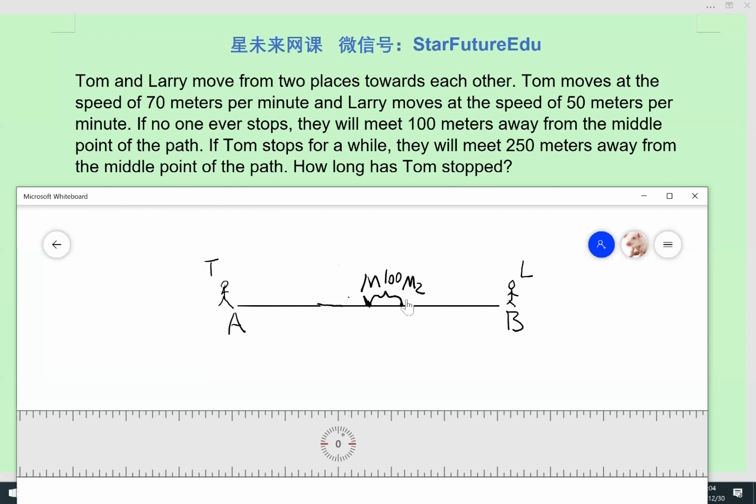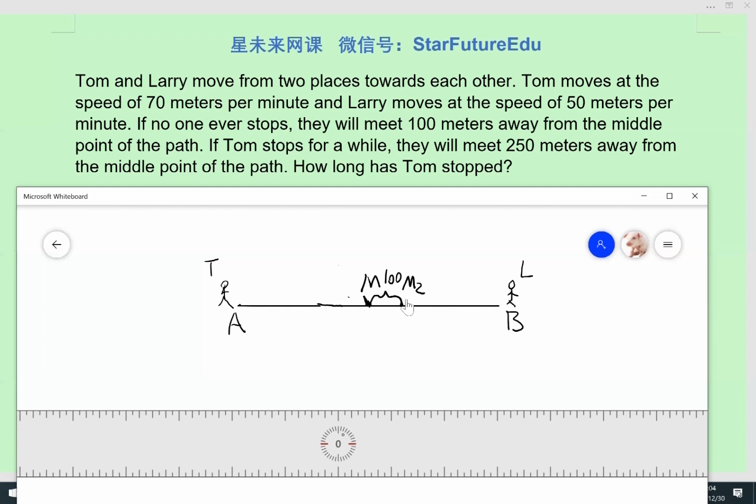Okay, when they meet at M2, what is the distance traveled by Tom? From which point to which point? Point A to point M2. Very good. And how about the distance traveled by Larry? From B to M2. Okay, very good.